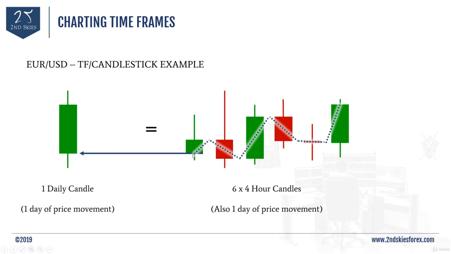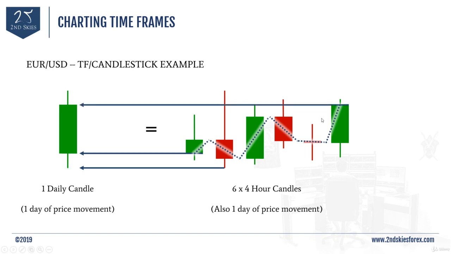So if you now look here, the first 4-hour candle in this series, the open of that candle was also the open of the daily candle. The lowest low of all these candles made in this series represents the lowest low of the daily candle, right? The last bar close up here represents the daily candle close, because it was the last bar in this series, right?